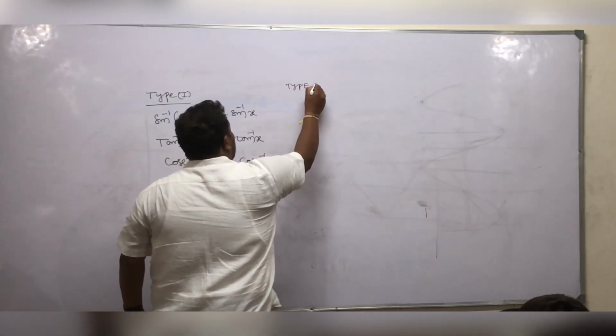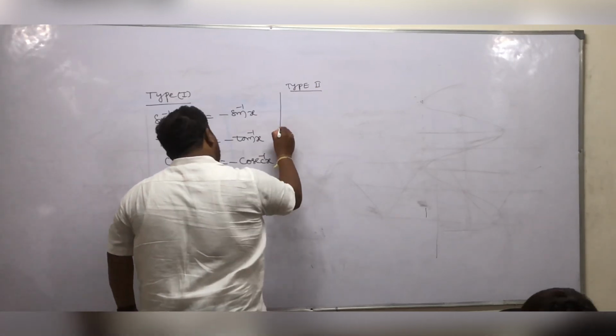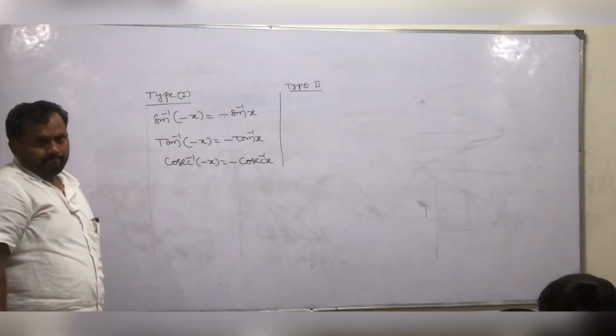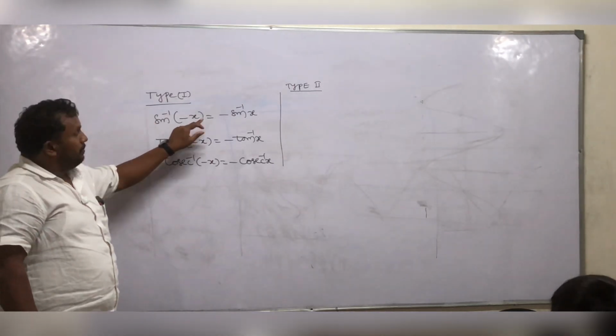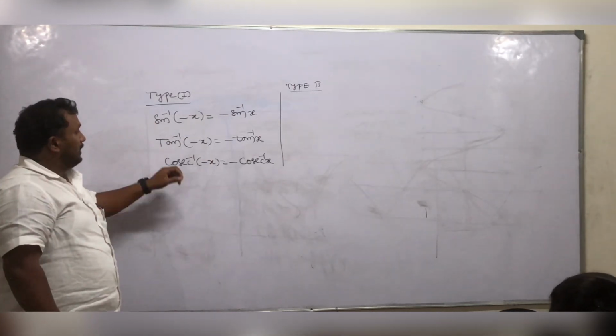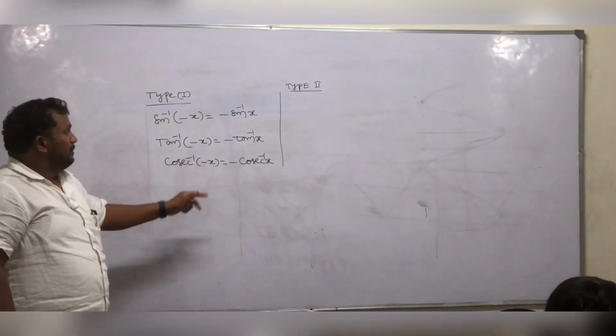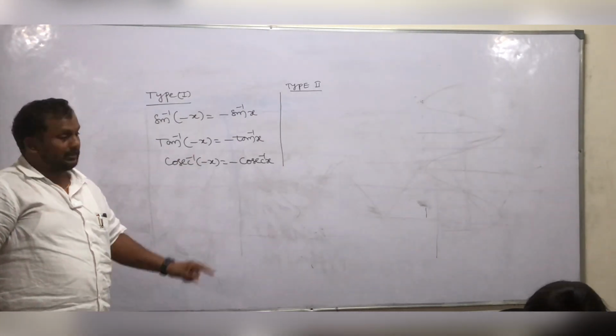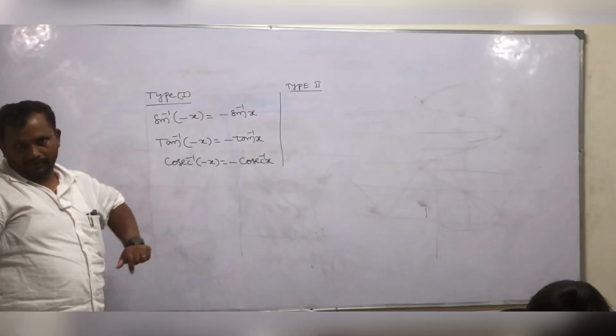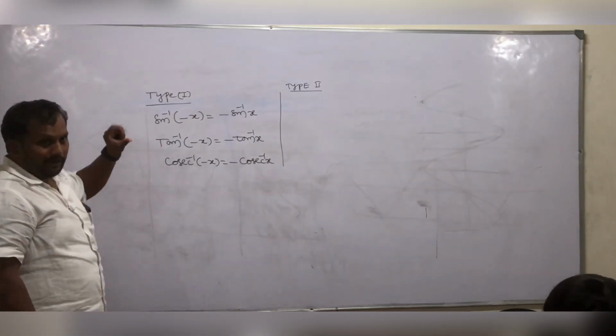Next to type 2. Total how many inverse trigonometry functions? 6. This is sine inverse of minus x, minus sine inverse of x. Tan inverse of minus x, minus tan inverse of x. Cosecant inverse of minus x, minus cosecant inverse of x. Type 1 formulas.